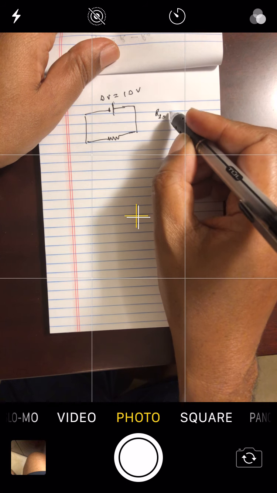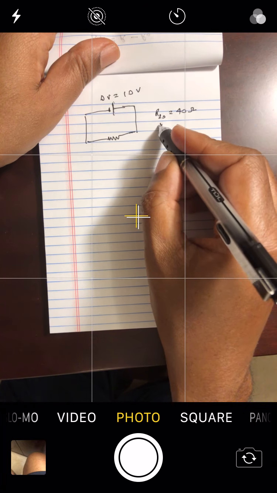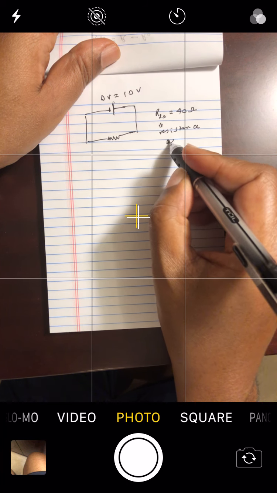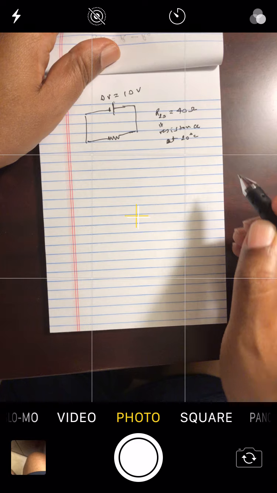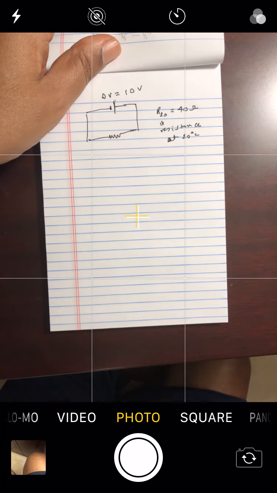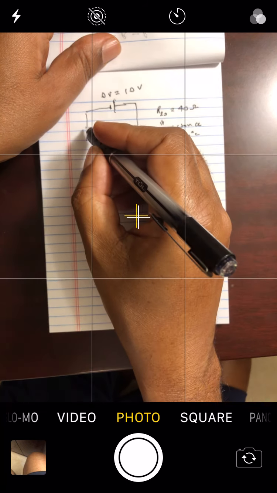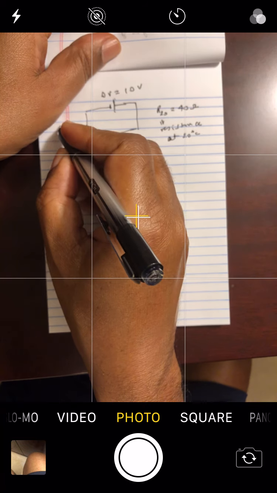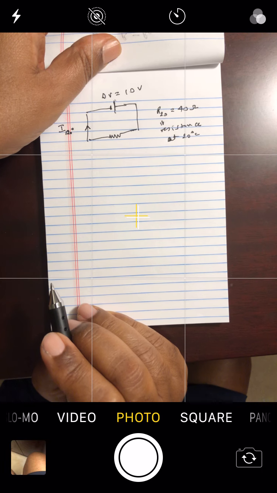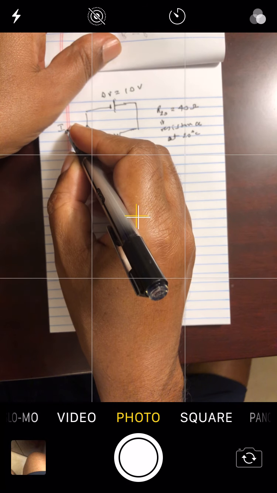So R20 is 40 ohms. Now the temperature of the resistor is increased to 120 degrees centigrade, and we want to find the current flowing through it at that temperature. So the question is to find this one.